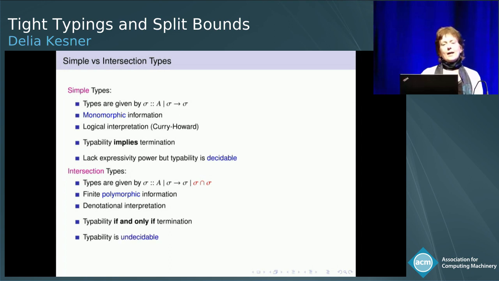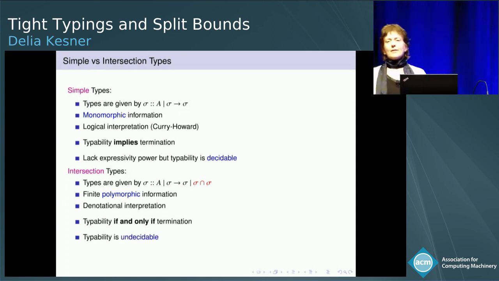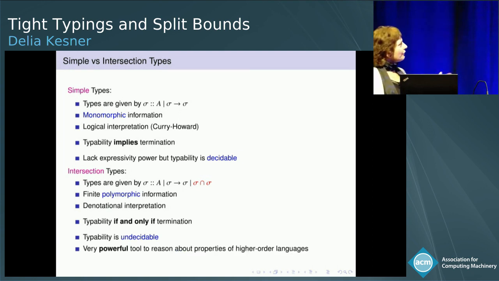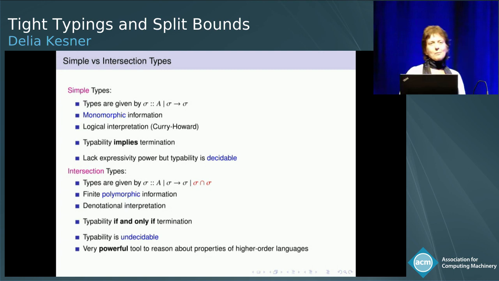So that's why typability is undecidable in intersection type systems. But even if you have undecidable systems, the technique is quite powerful to reason about different operational properties. That's what I'm going to explain now.